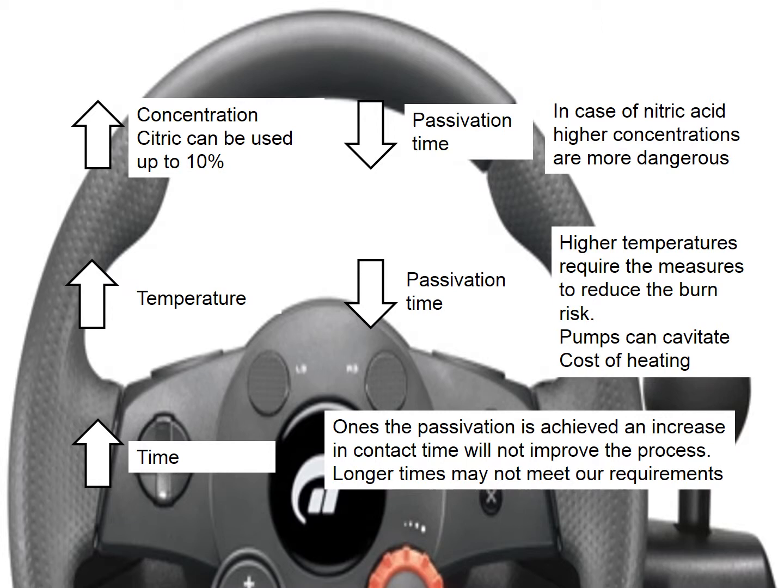If you decide to play around with the process conditions, you need to know the following. Citric acid works better at pH 4, so the concentration of citric acid is not recommended to go higher than 10%. Nitric acid is more dangerous at higher concentrations, but generally speaking, if you increase the concentration of your acid, the required passivation time will be smaller.